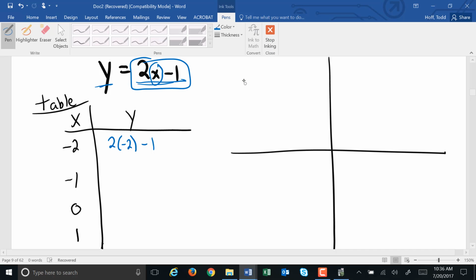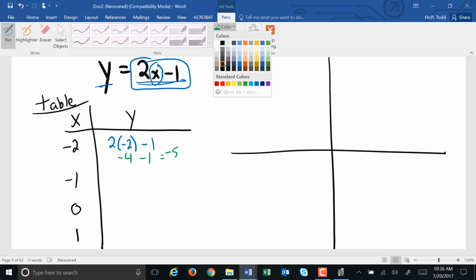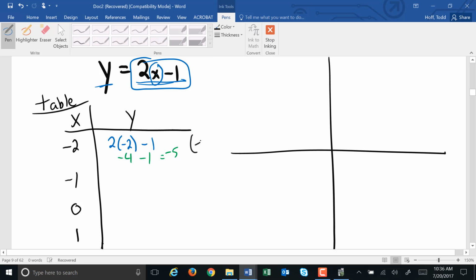So 2 times -2 is -4 minus 1 is -5. Perfect. So when x is -2, y is -5. So -2 for x, 1, 2, 3, 4, 5 for y. There's that first point. X is -2, y is -5.